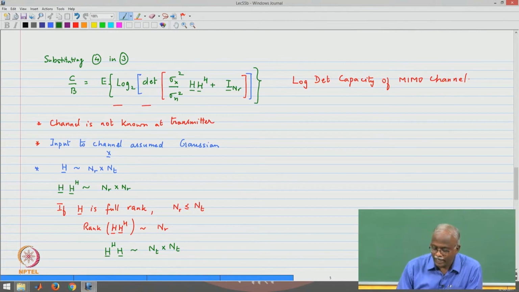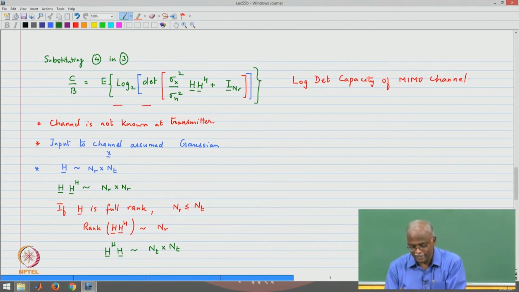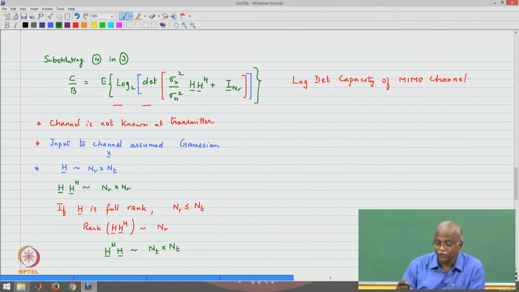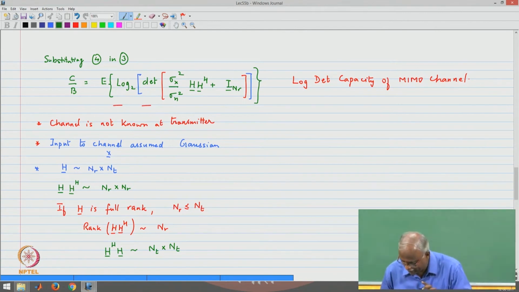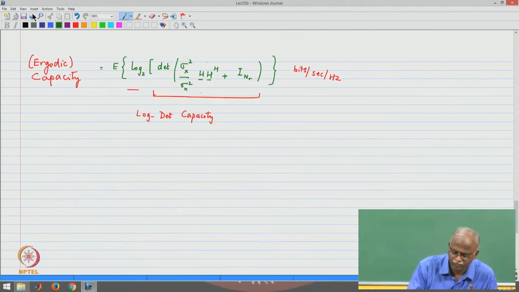In the case where NR is less than or equal to NT, we will find that H Hermitian H is rank deficient, because it has a dimension NT, whereas the rank of the matrix H is only NR, and therefore this would be rank deficient. So, keep this point in mind, because this will come back to help us in the subsequent discussions.